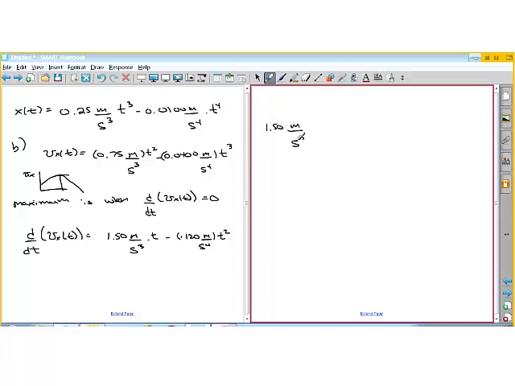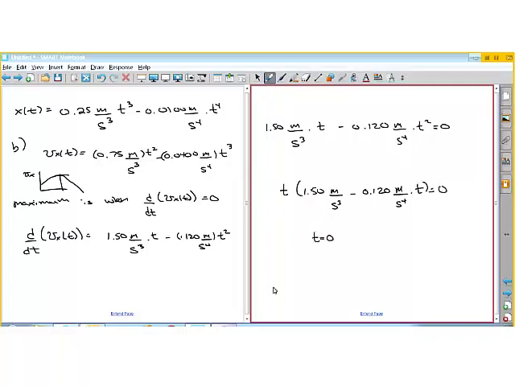So we get 1.50 meters per second cubed times t minus 0.120 meters per second to the fourth times t squared equals 0. So you factor out a t, and you get t times 1.50 meters per second cubed minus 0.120 meters per second to the fourth times t equals 0.